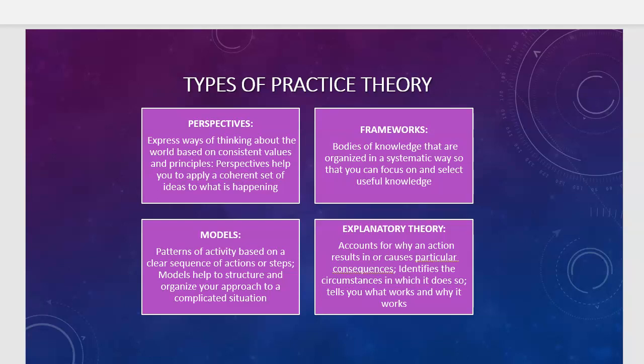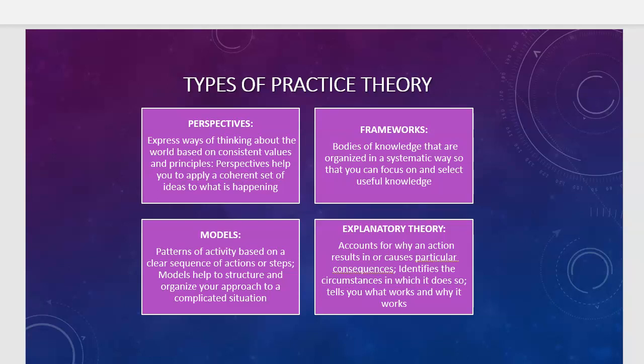The next category are frameworks. So a framework is a little bit more narrow, and it is based on a body of knowledge that is also organized in a more systematic way than a perspective. So a framework helps you to focus and select useful knowledge in a more specific way.